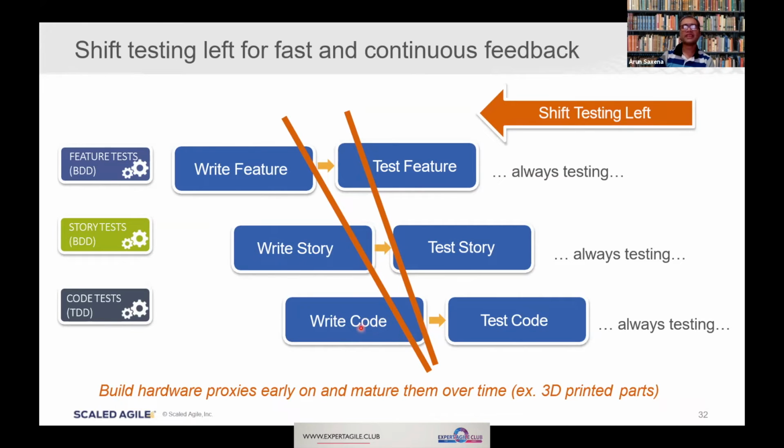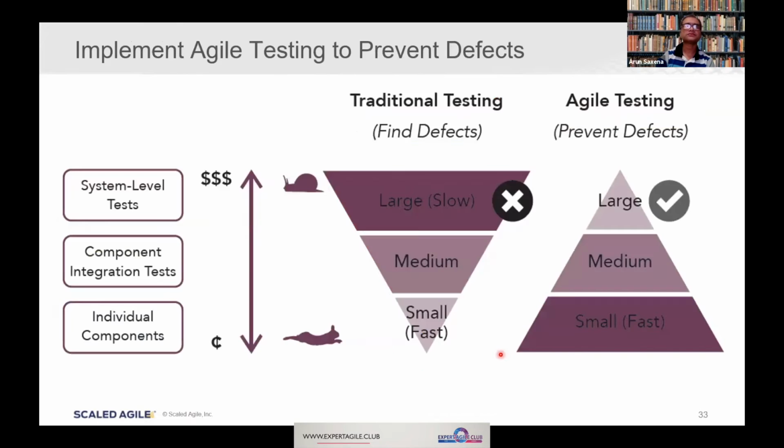So if this is done early, it really helps to improve the quality of the product. And as mentioned in the other slides, if hardware is a challenge, then hardware proxies can be built early on and matured over time, for example, 3D printed parts and all.